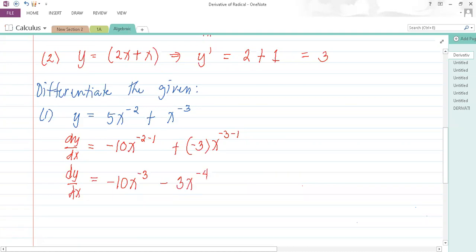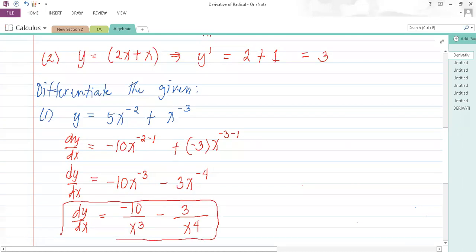That is negative 4. Okay, so our final answer now here is equal to negative 10 over x raised to 3 minus 3 over x raised to 4. Okay, so this will be now our derivative of the given function.